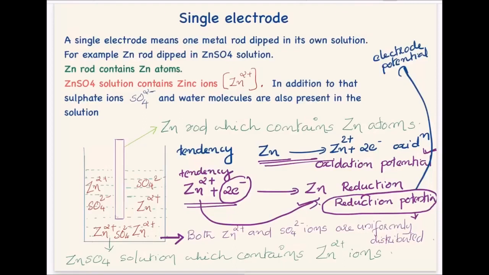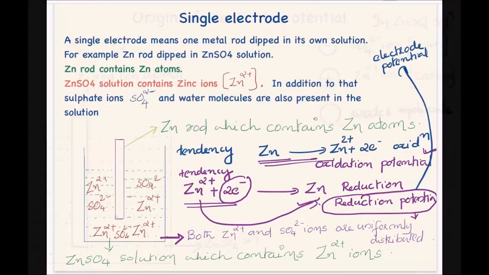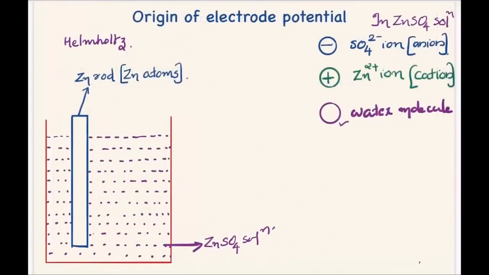The second one, to get reduced, we call it reduction potential. Another name for reduction potential is electrode potential. Now we will study how the electrode potential in a single electrode originates. What is the reason behind the origin of electrode potential?